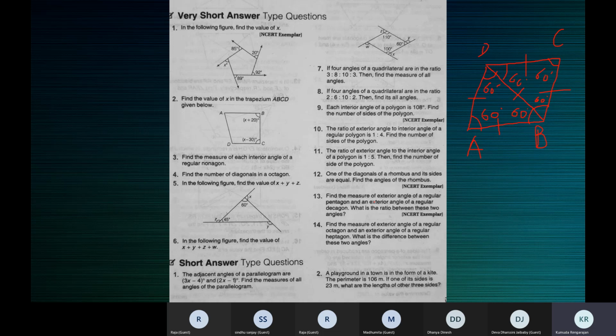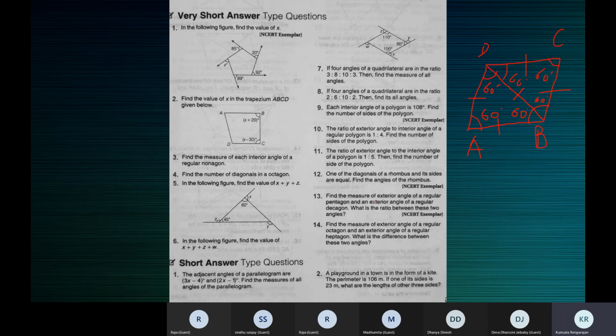The question is to find all the angles of the rhombus. So what's the measure of angle A? 60 degrees, ma'am. Angle C, 60 degrees. Angle B, 120 degrees. Angle D, 120 degrees. That's it. So like this, we find the angles of the rhombus.